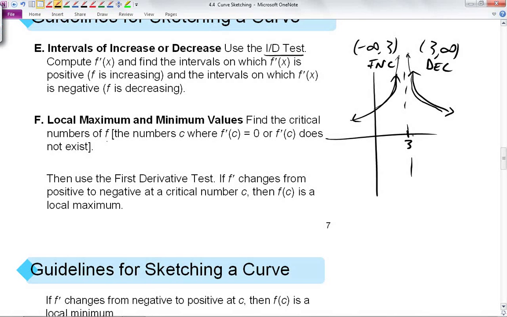So it does change from increasing to decreasing, and we need to know that, but we need to remember that does not mean it's a local maximum in this case. Okay, so when we use that first derivative test, we have to keep that in mind. That only works for numbers where the original function is defined. Okay?